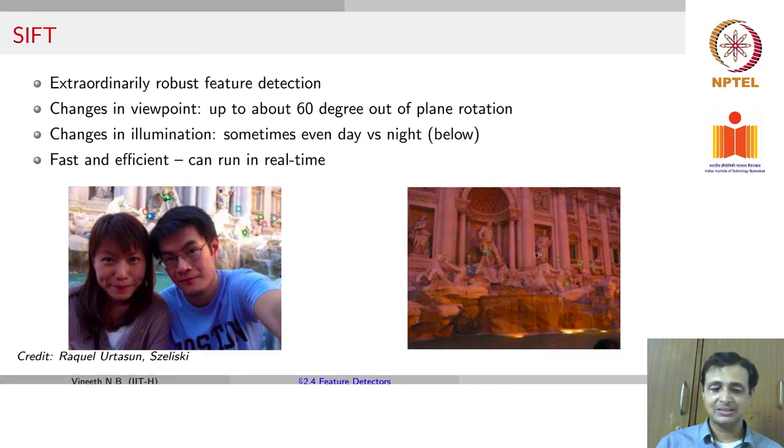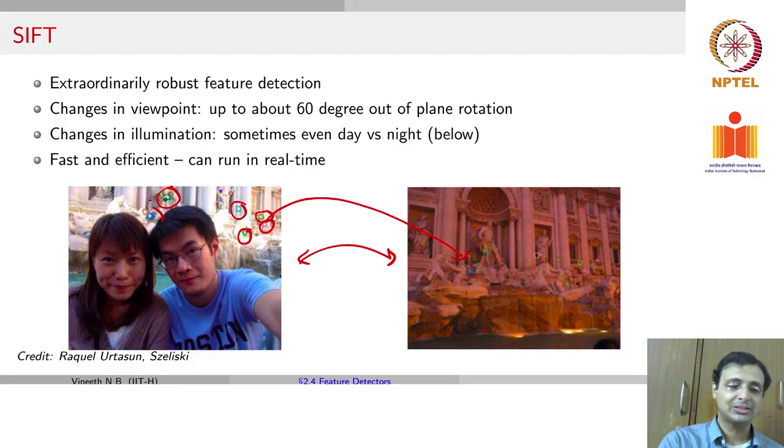Let's see a few examples. Here you can see a couple of tourist images of a popular monument, and you can see these key points detected by SIFT in this image. If you compare, even on the second image, where there's significant rotation, perhaps almost a morning to evening change, we detect similar key points in both these settings. So it's an extraordinarily robust feature detector.